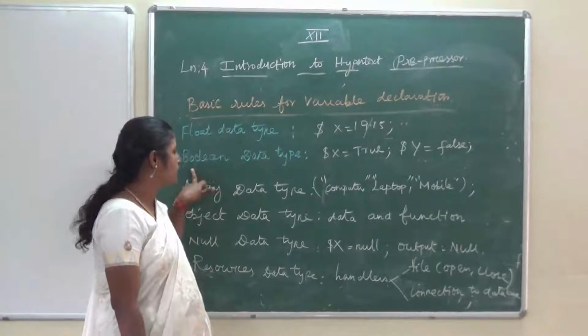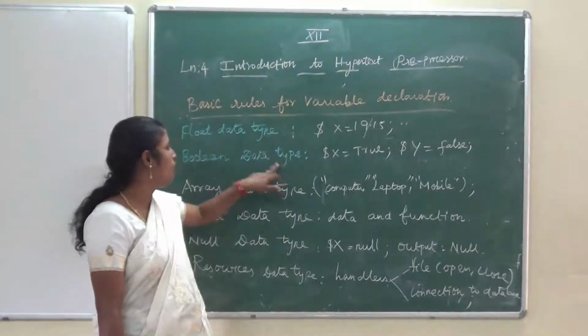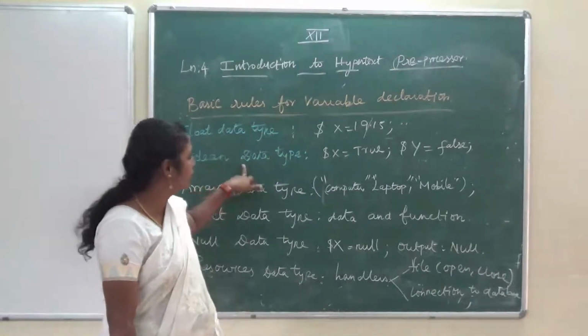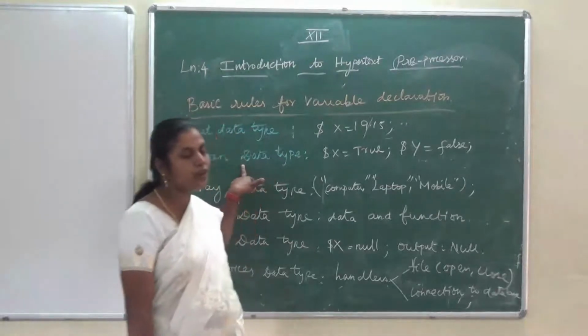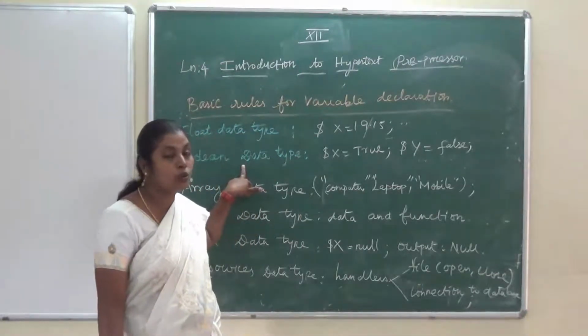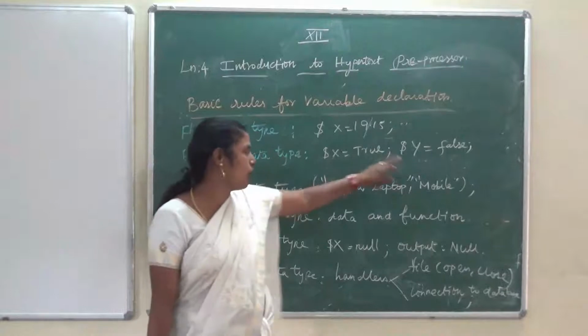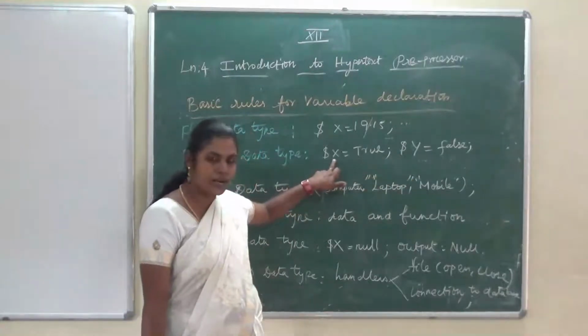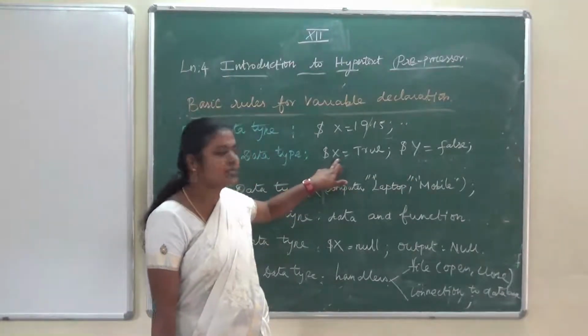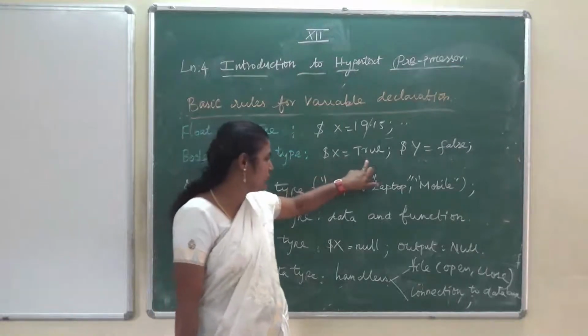Now next one is the Boolean data type. Here we can specify a condition. The Boolean data type gives two answers, either true or false. Suppose the x condition is satisfied in a program, true is the answer.